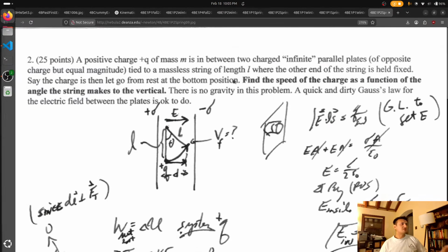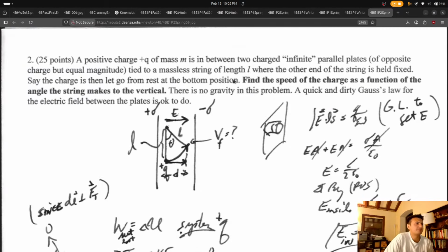The positive charge of plus q of mass m is in between two charged infinite parallel plates of opposite charge but equal magnitude. Tied to a massless string of length L, where the other end of the string is held fixed.